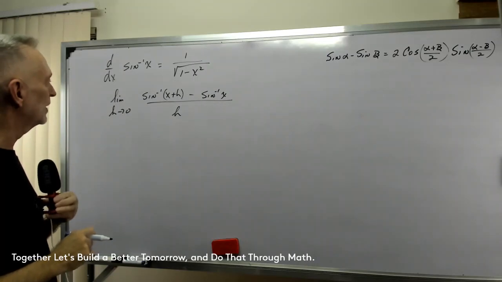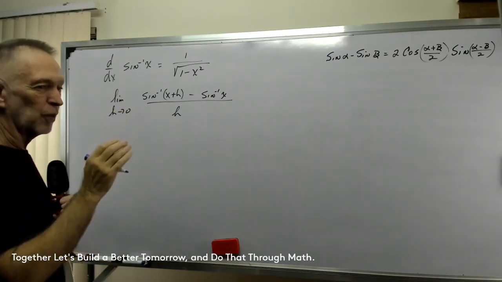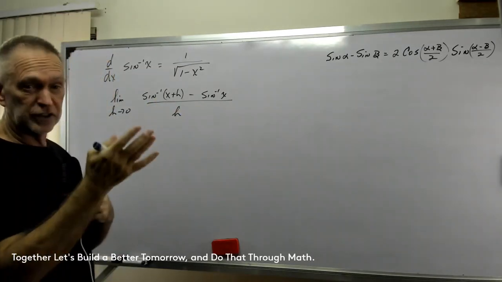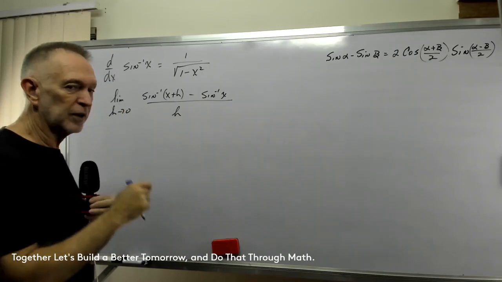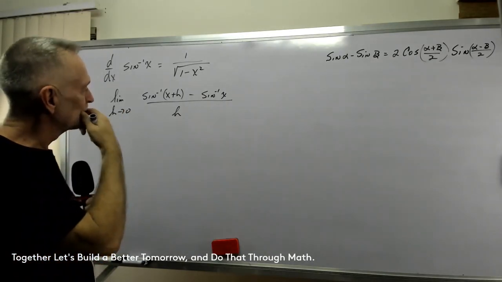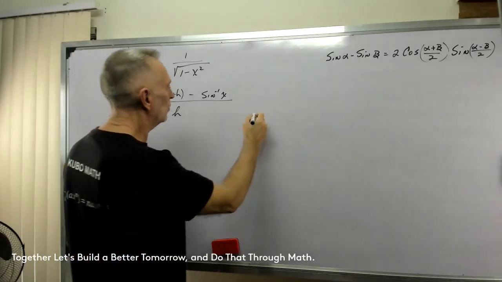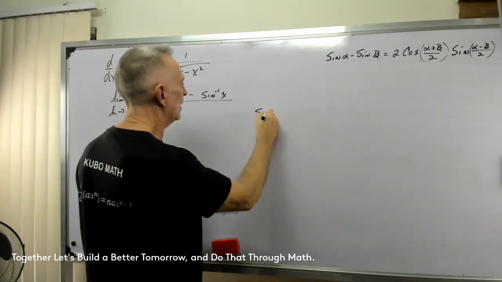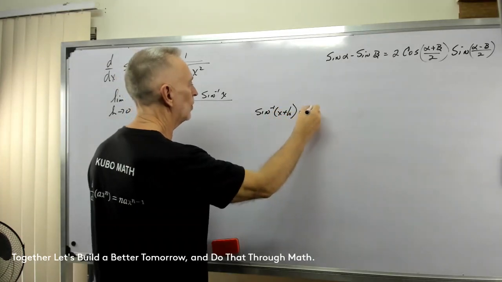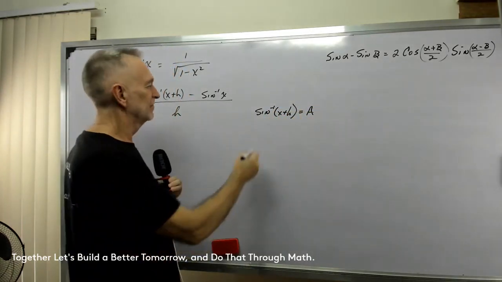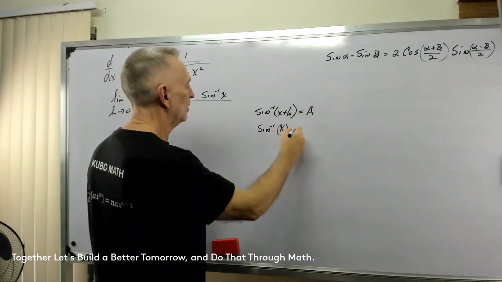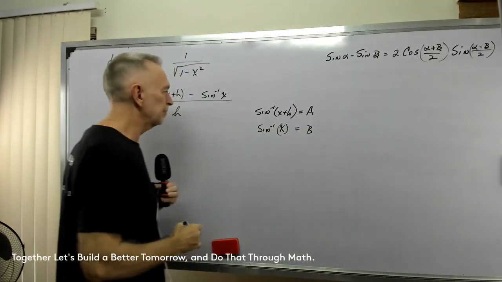There are formulations with sine of x plus h, but not arcsine, and this is not 1 over sine, but arcsine of x plus h. Well, why don't we say that we're going to let sine inverse of x plus h equal a. Sine inverse of x, we're going to let that equal b.